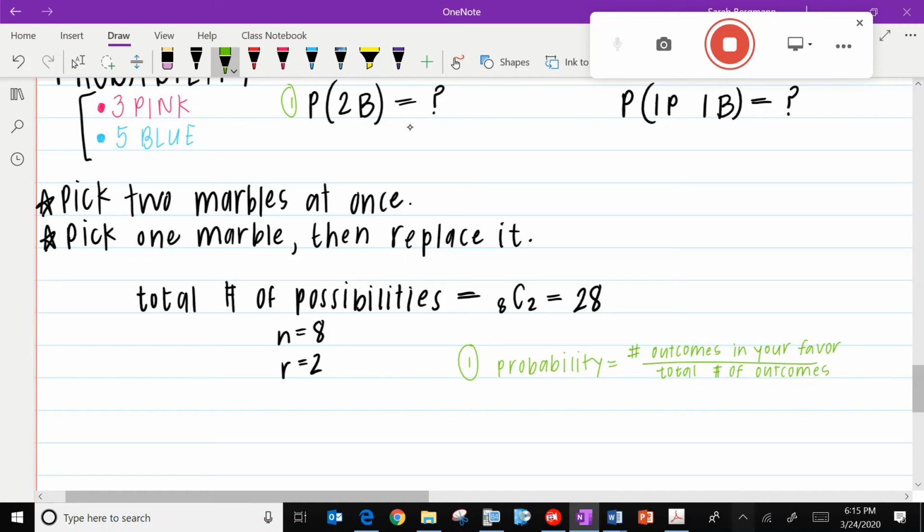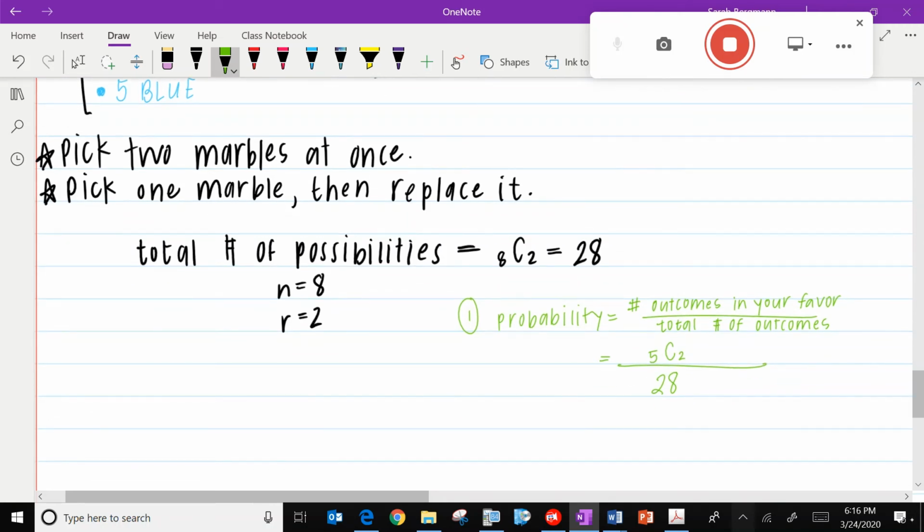So what we need to do is figure out how many different ways can we choose 2 blue marbles. There are 5 blue marbles and we want to choose 2 of them. And we already said that that's out of 28 total.